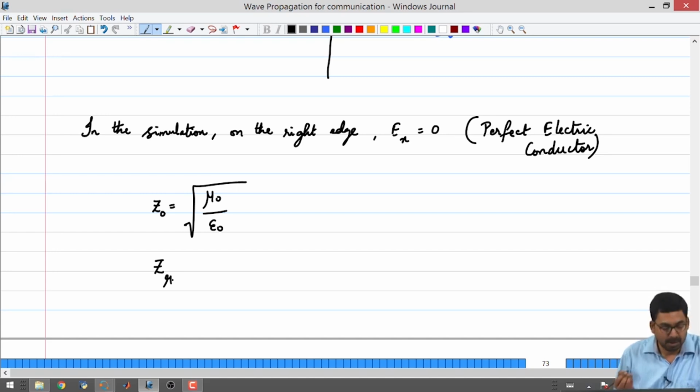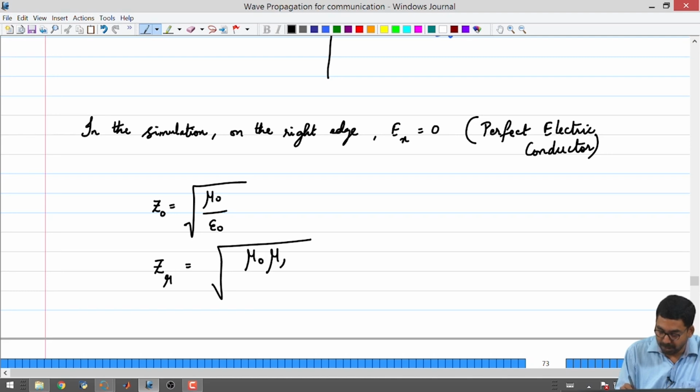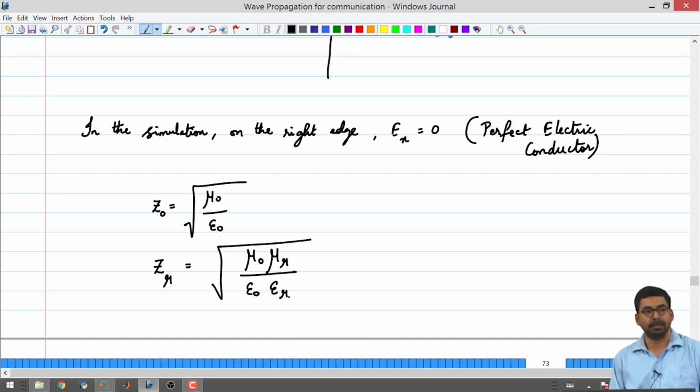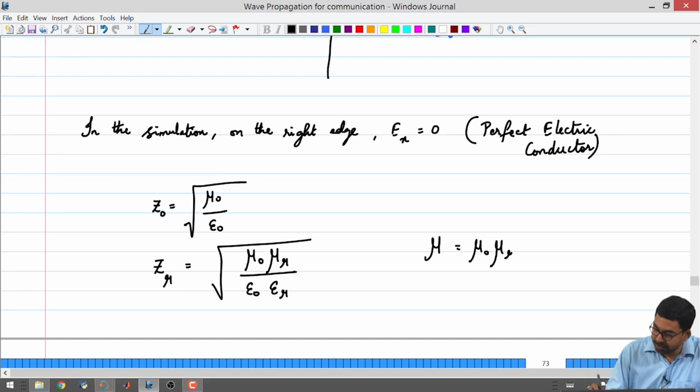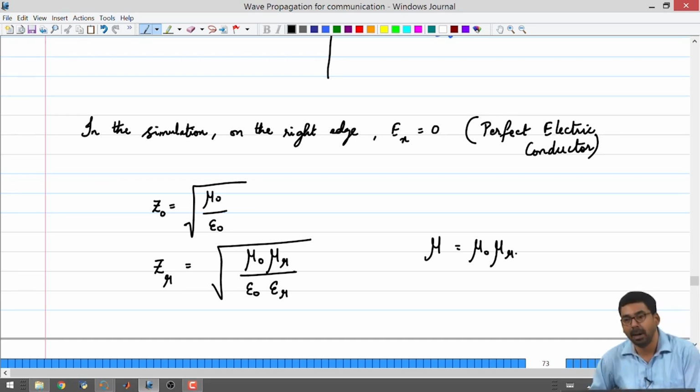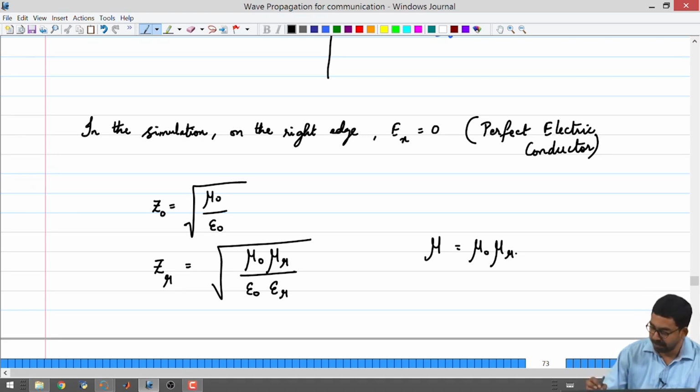It is going to be the square root of mu naught multiplied by mu r divided by epsilon naught multiplied by epsilon r, because the mu of any material is mu naught times mu r, assuming an isotropic, frequency independent medium here.